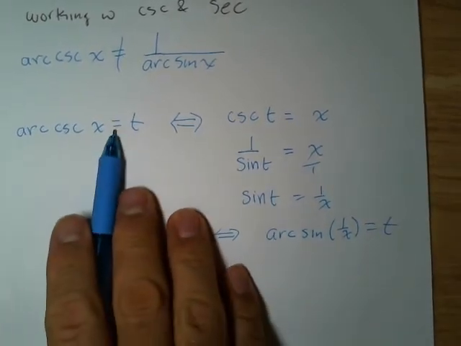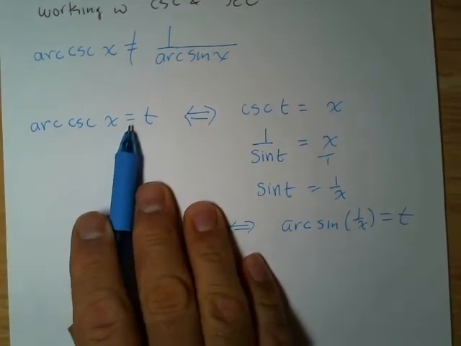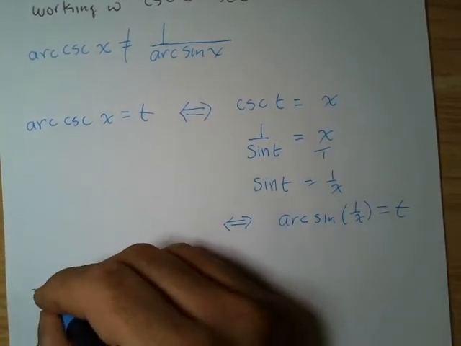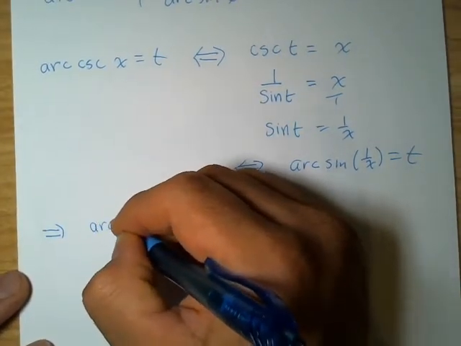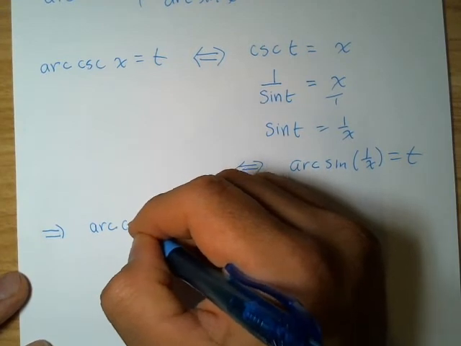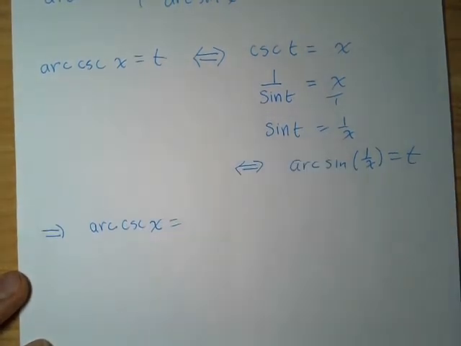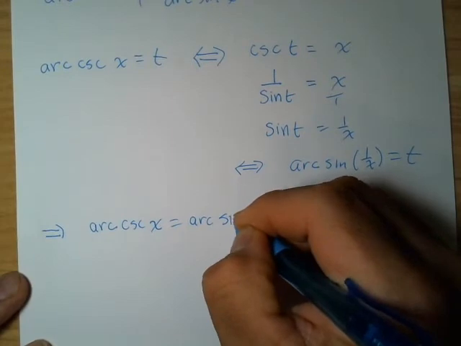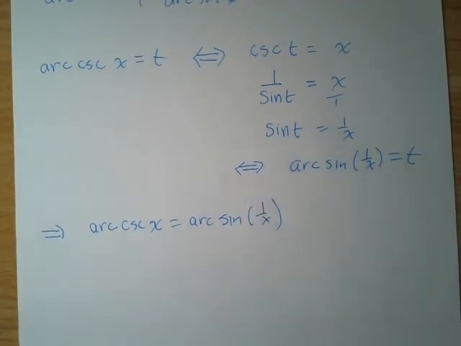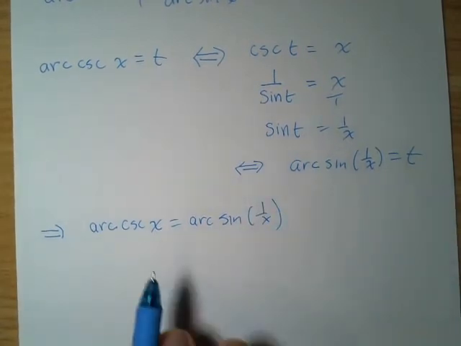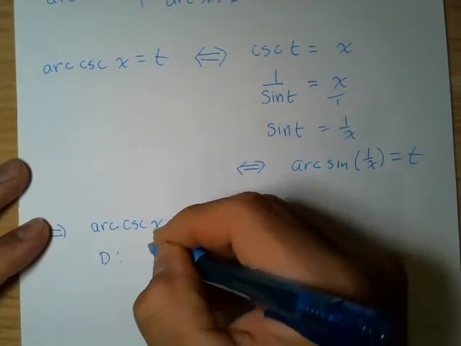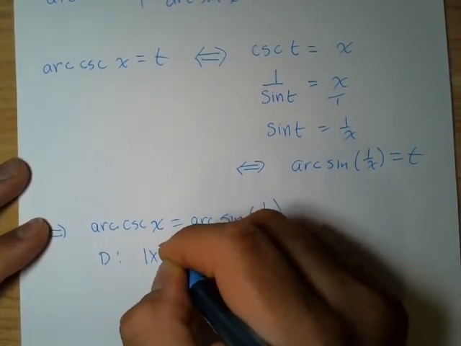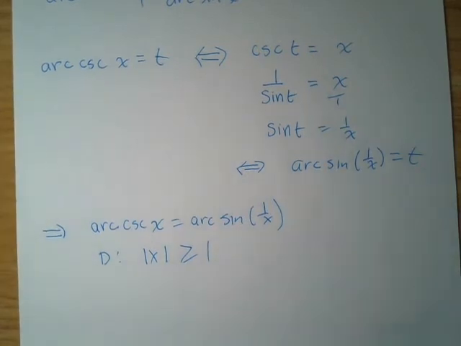Well, what else is equal to t? Arc cosecant of x. So what we have is this property: the arc cosecant of x is equal to the arc sine of 1 over x. So there is a reciprocal involved. It's just of the argument, not of the whole function itself. And for this case, the domain of this function is that the absolute value of x has to be greater than or equal to 1.